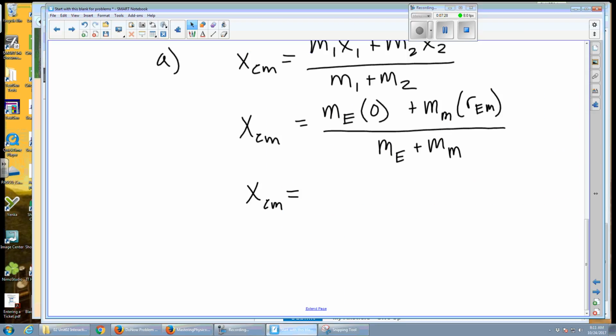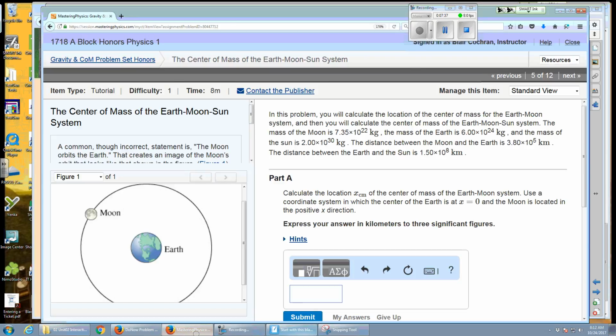Because if that's in kilometers and that's in kilometers, then that's going to be in kilometers. So I would just substitute in based on, they tell me what the Moon is, the Earth is, and then they tell me the Moon to Earth distance, which is the radius. I think you guys can do that math, right? Yep.